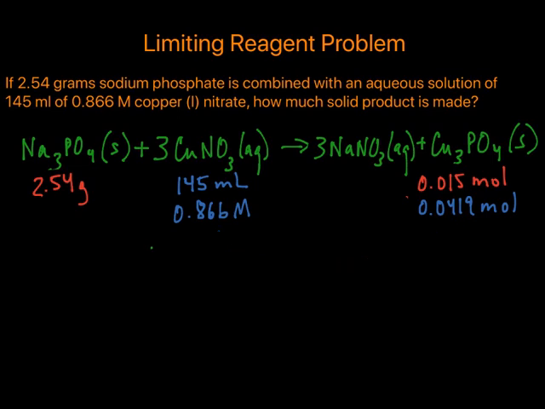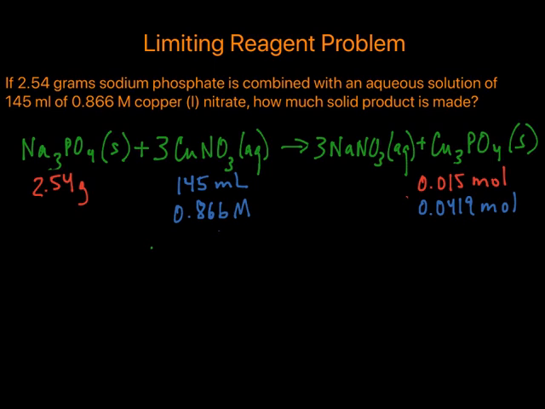Well, obviously 0.015 is a lot less value than 0.0419. It is a lesser number, a least amount of number of moles of copper phosphate.